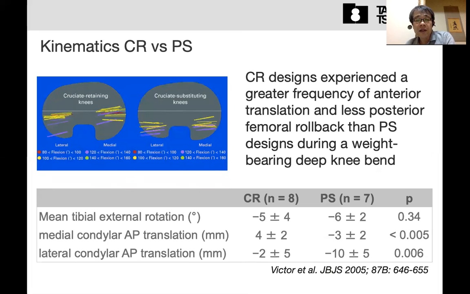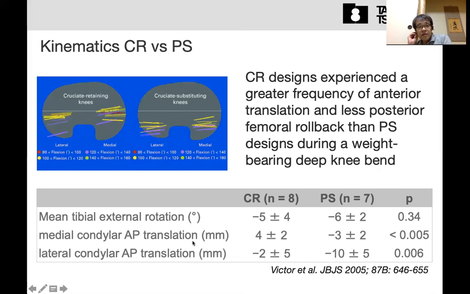And in summary, the CR design experiences greater anterior translation and less posterior femoral rollback than the PS design during weight bearing and deep flexion knee bend. Please have a look. In this CR knee, the contact point is anterior compared to the PS knee.